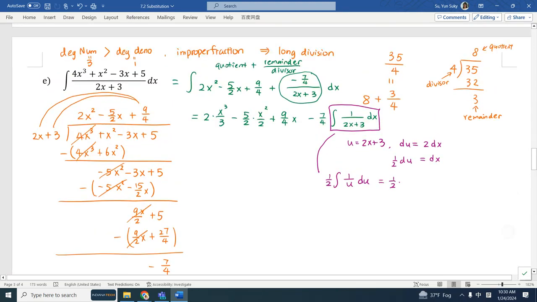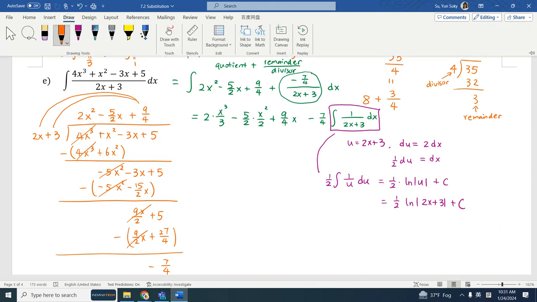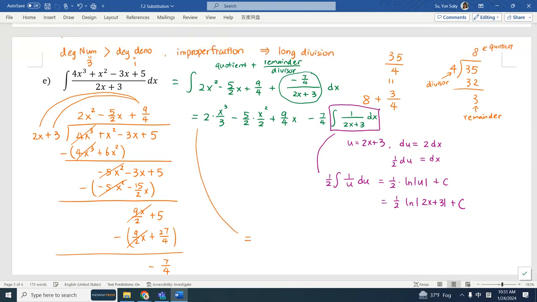So ln, absolute value of u, plus c. And what is the u? Yeah, 2x plus 3 plus c. So this is just the purple parts. Now we just put everything together. Okay, let's get back. So that equals 2 over 3 x cubed minus, combine the coefficient.